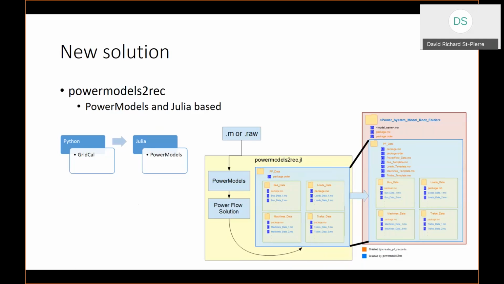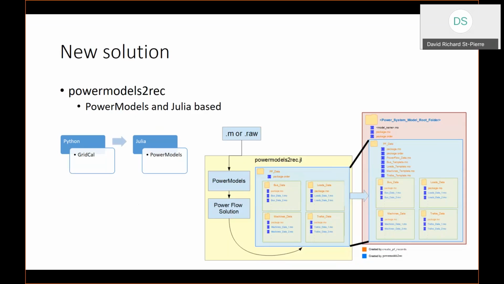So the program takes in these files, parses them, and passes them to the PowerModels library. The PowerModels library then performs a PowerFlow calculation to find the solution. Similar to the GridCal 2Rec, the PowerModels 2Rec takes that PowerFlow solution and creates the PF data file structure containing bus data, loads data, and all the other folders that are necessary for the record format.